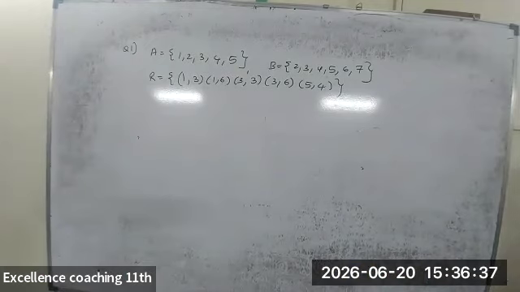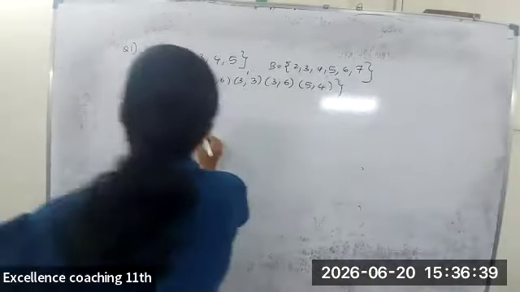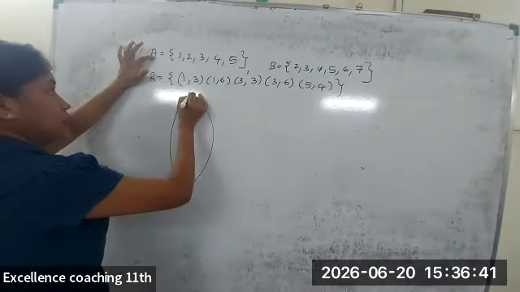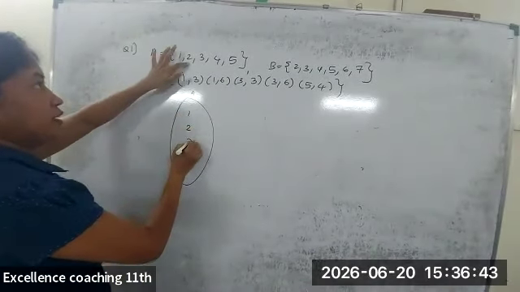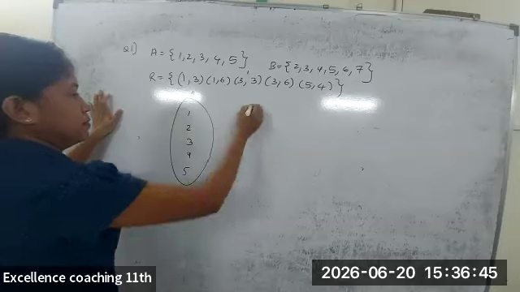Now we'll draw the arrow diagram. So draw set A, entire set A, and put all the elements of set A in the arrow diagram.